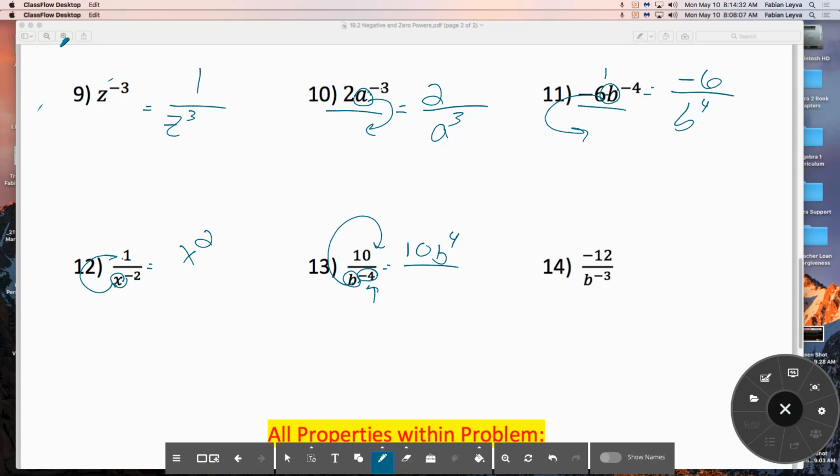Do I really need a 1 in the denominator? No. All right, last but not least, my negative 12 is hanging out on top. I notice my base has a negative exponent, so I'm going to move it to the numerator. The action of moving it makes my exponent a positive, so those two are equal now.